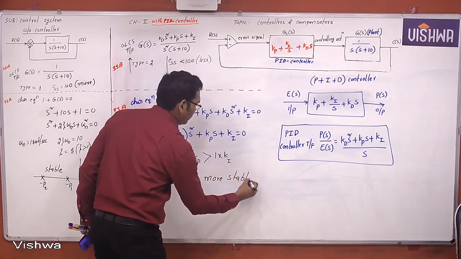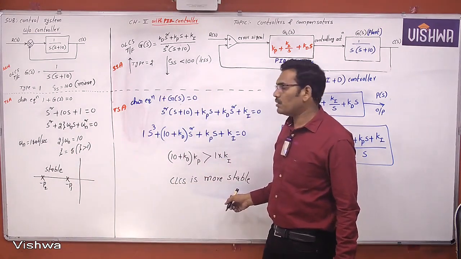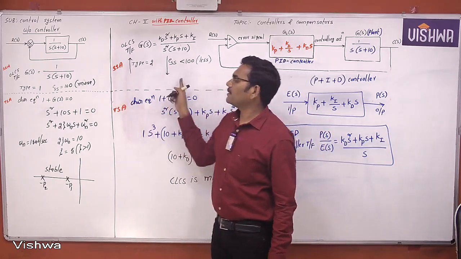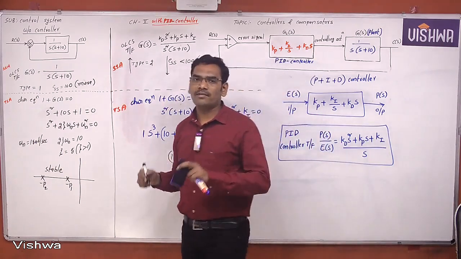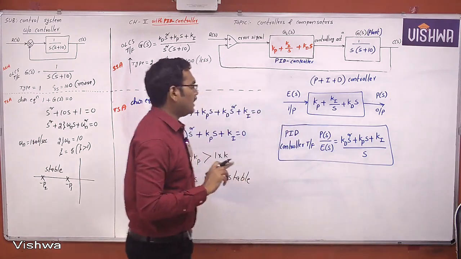Now see the effect. The stable system will become more stable and the error is decreased. Now you get two advantages. It will improve the steady state analysis as well as the transient state analysis. Is it right or not?